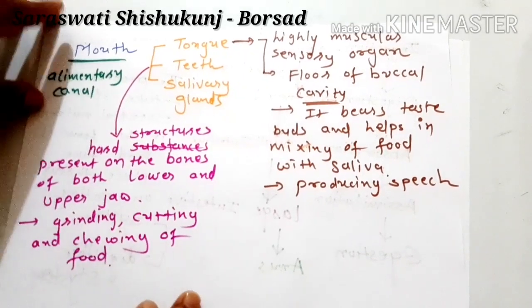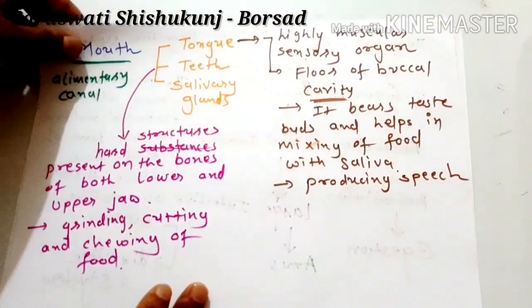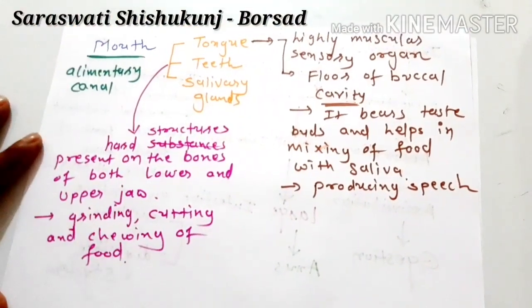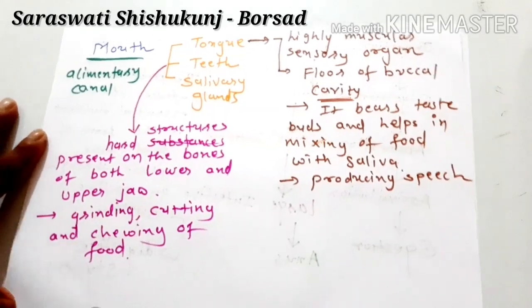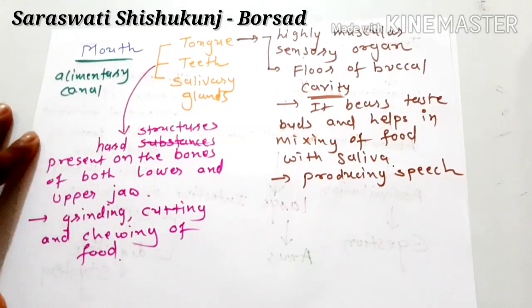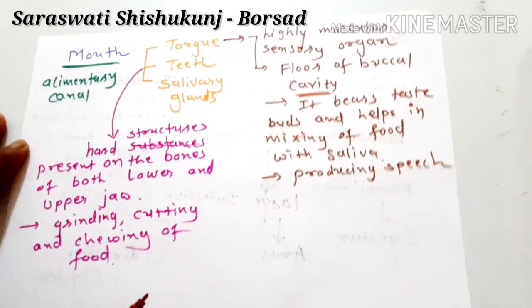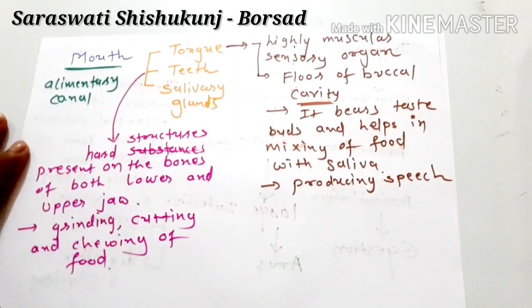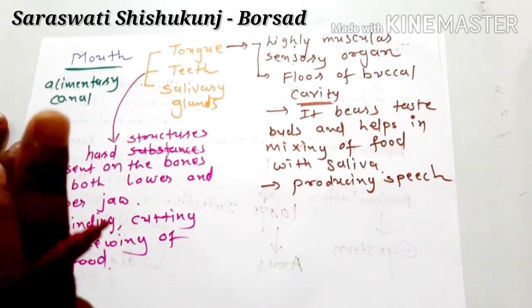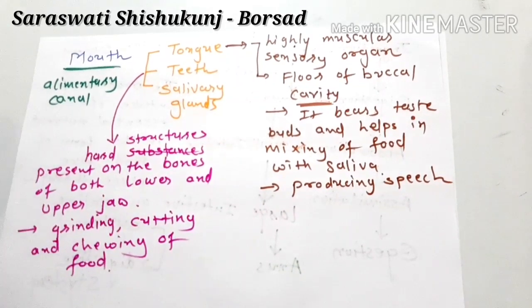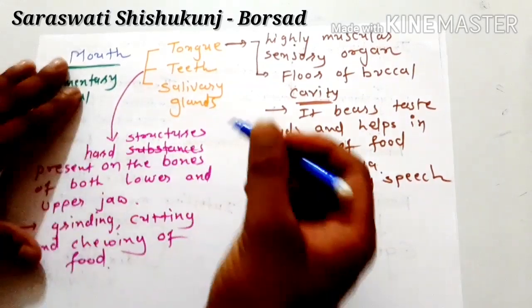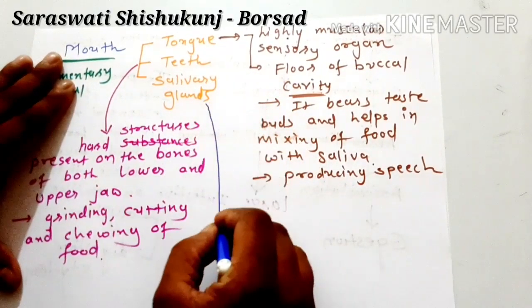We will study this in detail in higher standards, but right now we are going to understand that the teeth we have are used for grinding, cutting, and chewing of food. So this way, in the mouth, we have the tongue, teeth, and now the third one, our salivary glands.